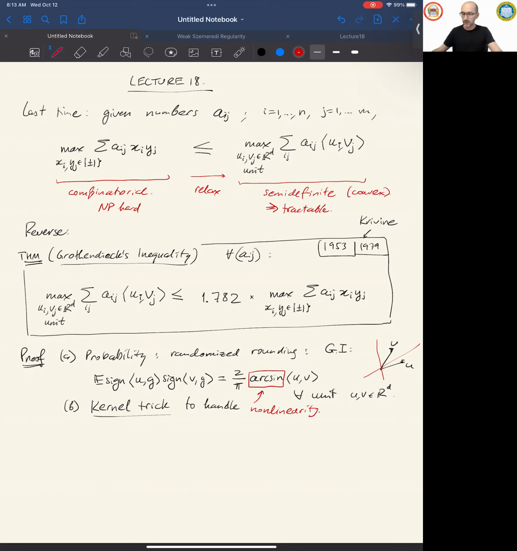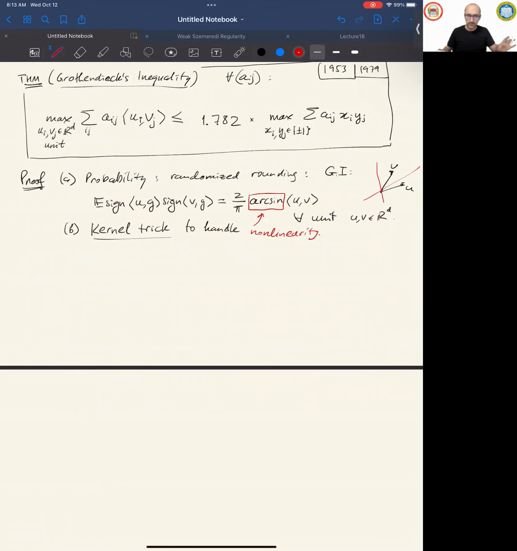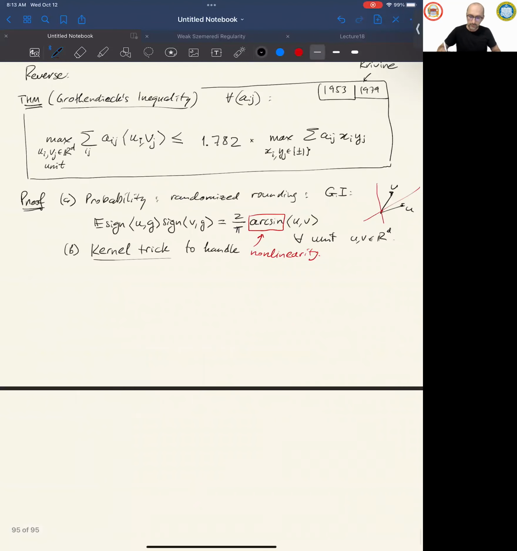So these are the two ingredients, and I'll explain now what the kernel trick really means. Instead of trying to fight the arc sine, we will try to find transformations of these vectors u and v, so that after the transformation, I won't have the arc sine on the right-hand side. I'm trying to make u and v a little bit different so that this inequality holds without the arc sine on the right-hand side.